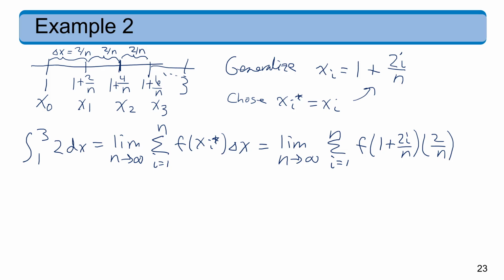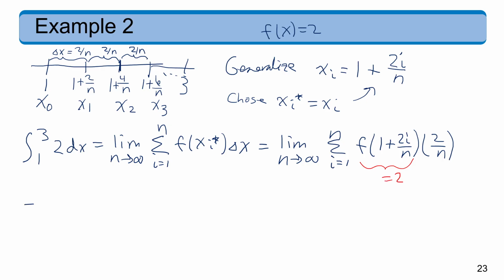Now here's where we can use the formula for the function to evaluate this. Remember, our function here was very simple. It was just f of x equals 2. So it actually doesn't matter what you plug into f, this will always just equal 2. So that's really going to simplify things.